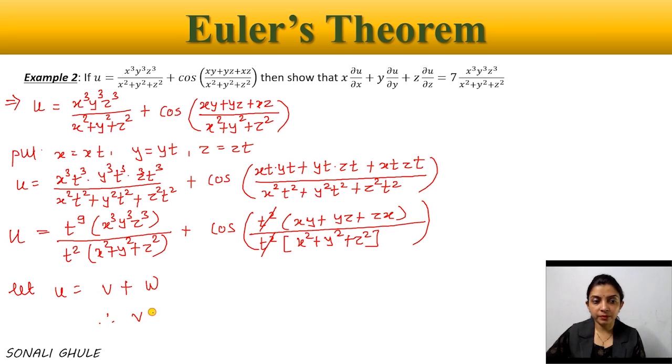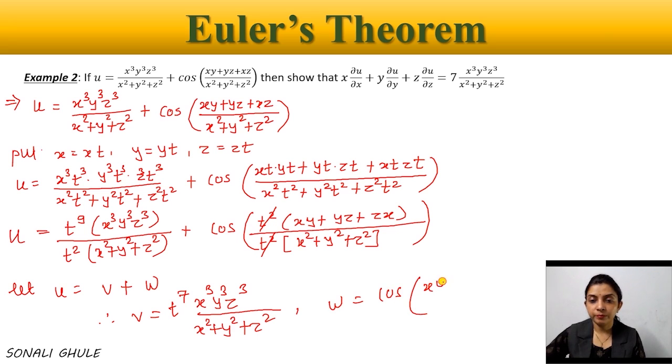So therefore v is equal to, see, t raised to 9 upon t square means t raised to 7, x cube y cube z cube upon x square plus y square plus z square, right? And w is equal to cos of xy plus yz plus zx upon x square plus y square plus z square.